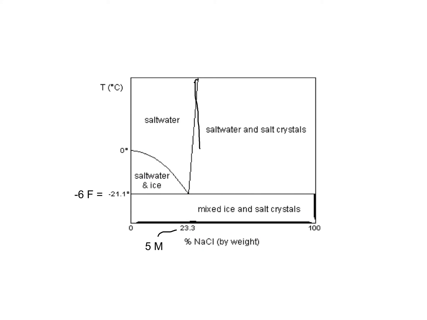If my solution is not saturated enough or does not have enough salt in it, if I try to do the same thing, I cool it down and I end up with solid water rather than crystals of salt.